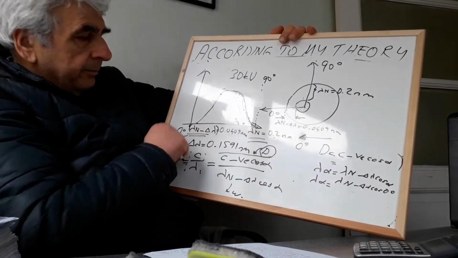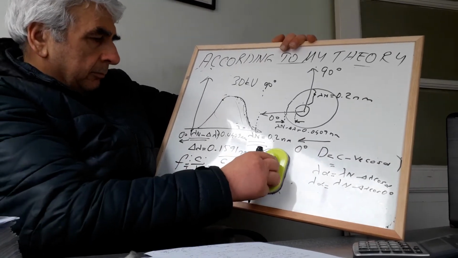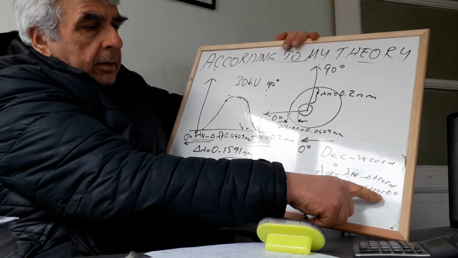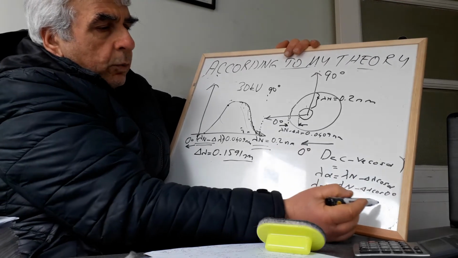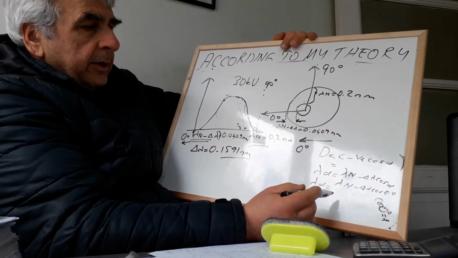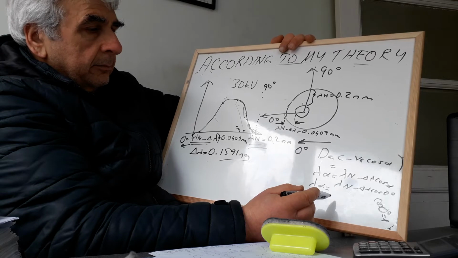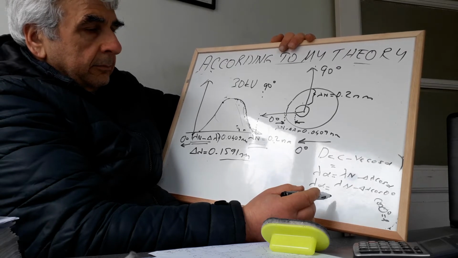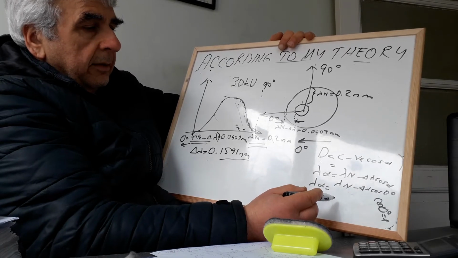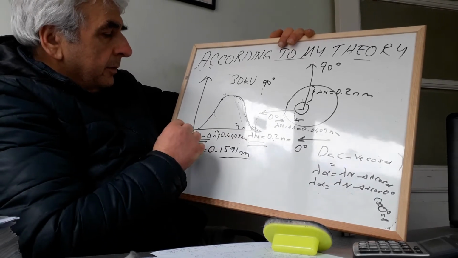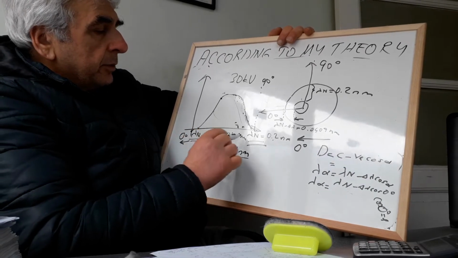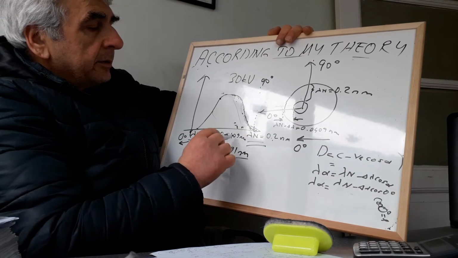At this 0 point, cosine 0 equals 1. Because of this, lambda n minus delta lambda is equal to 0.0409.